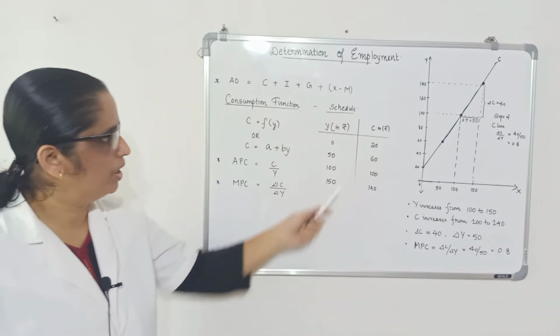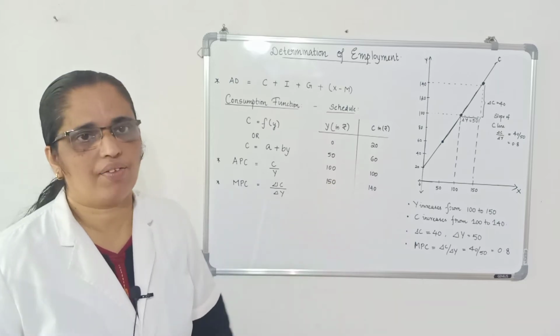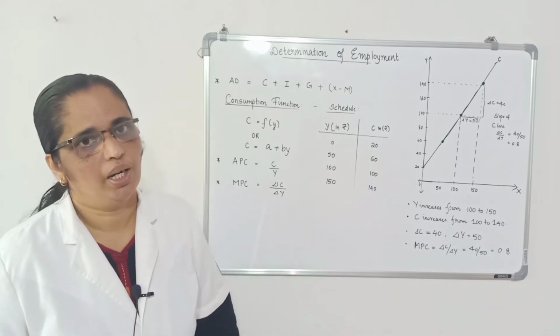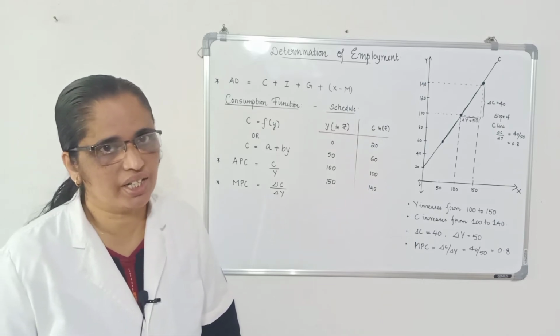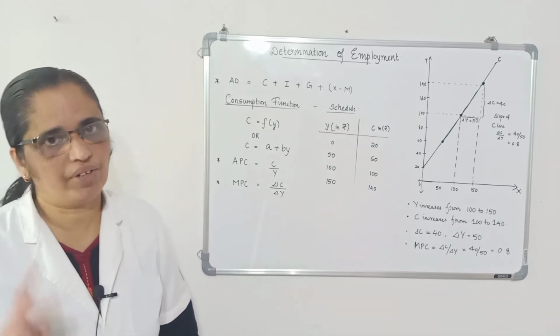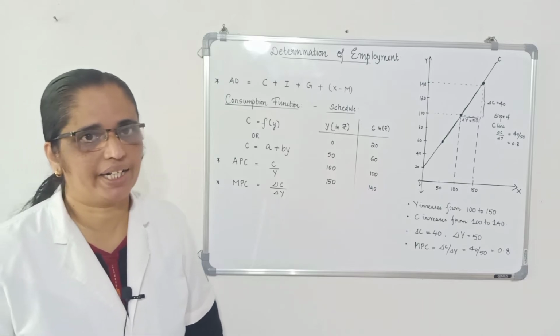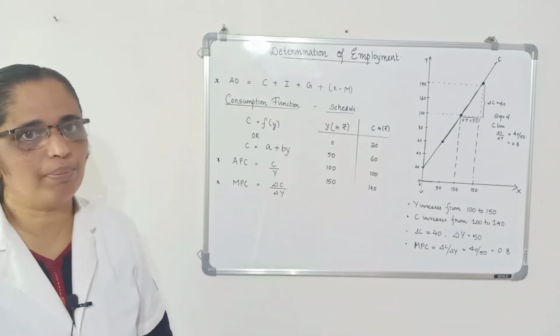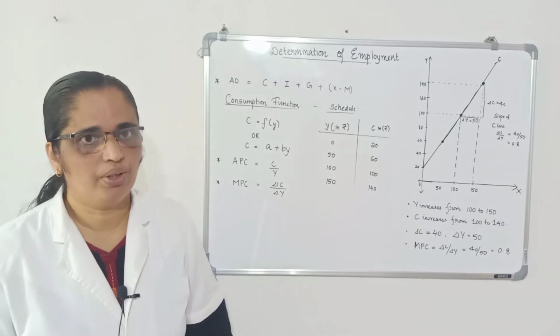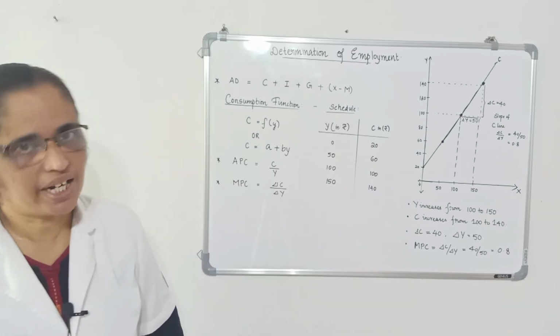Why? At higher levels of income, people start to save a part of their increased income. Aggregate income is either consumed or saved. Income not consumed must be saved.